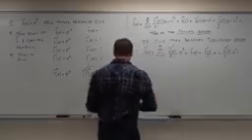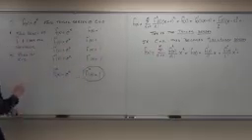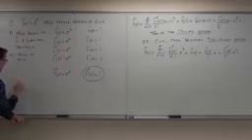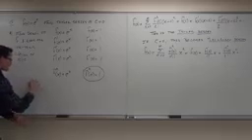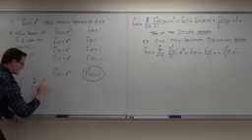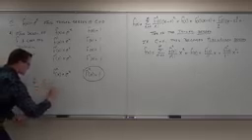Just plug it in. So if we want to find a Taylor series at c equals 0, that's a Maclaurin series, then what we know is that our function is going to equal a series that looks like this. It's going to be the nth derivative of f at 0 over n factorial, x minus c to the n.